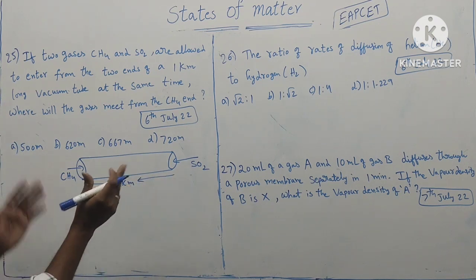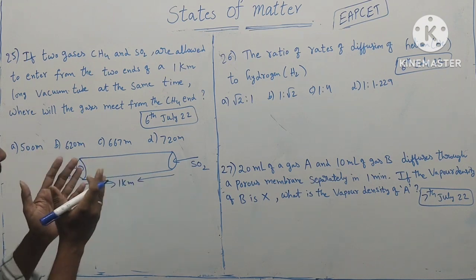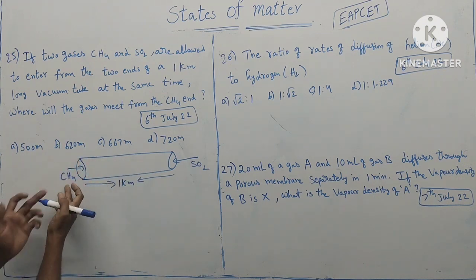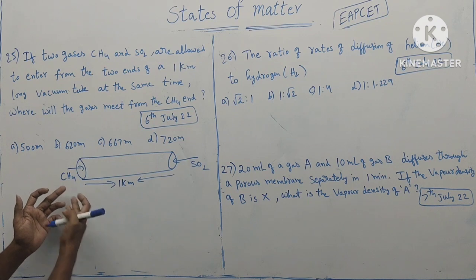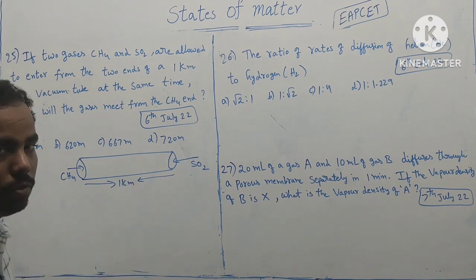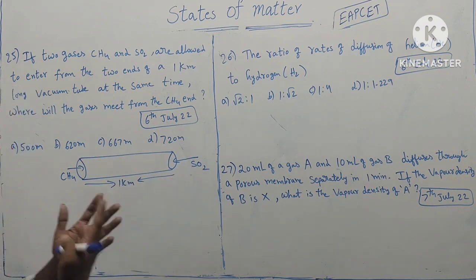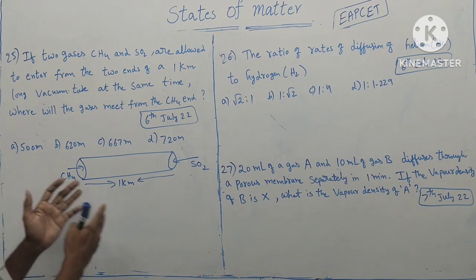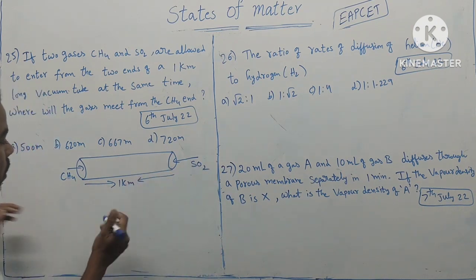Where both gases meet each other: methane gas diffuses more because its molecular weight is less, SO2 gas diffuses less because its molecular weight is more. Low molecular weight gases diffuse more than high molecular weight gases.